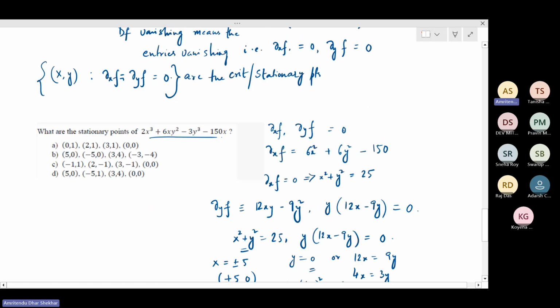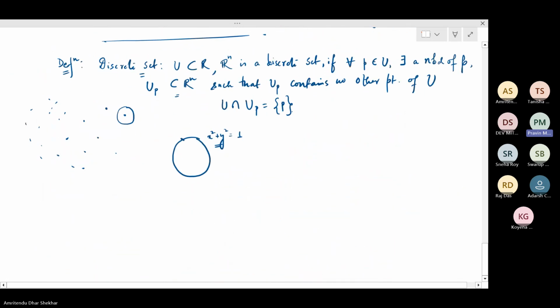Now, any question? Yes, I am not able to relate to the graphical view of the discrete set. Like, what does it mean that it's not separable? Separable is not a mathematically rigorous term. What I mean is that if you draw a small ball around any point on the circle, then this ball will always have some other point of the circle, however small a ball you choose.